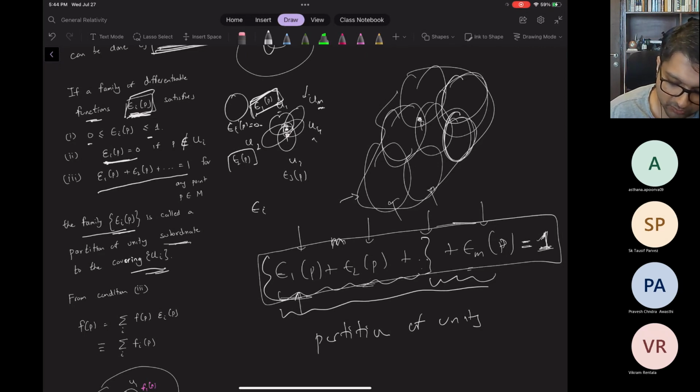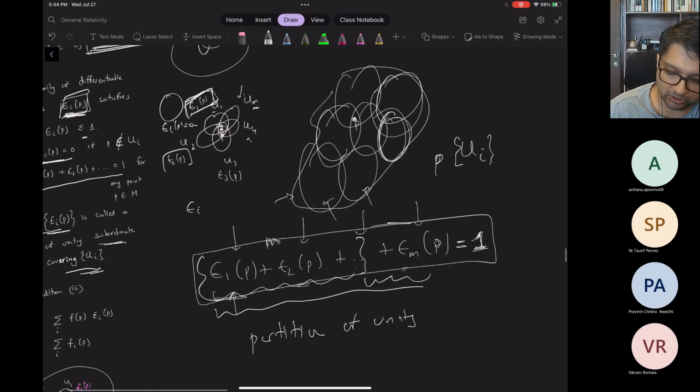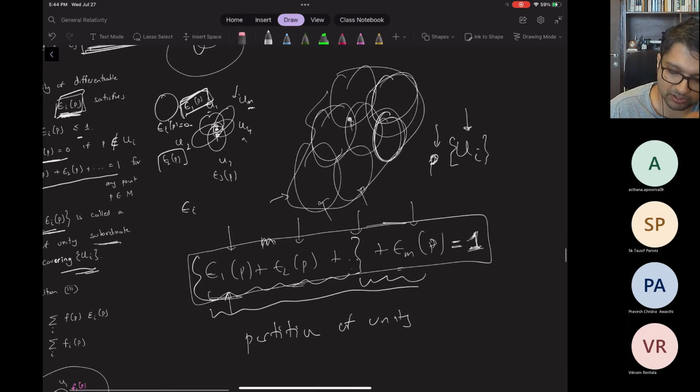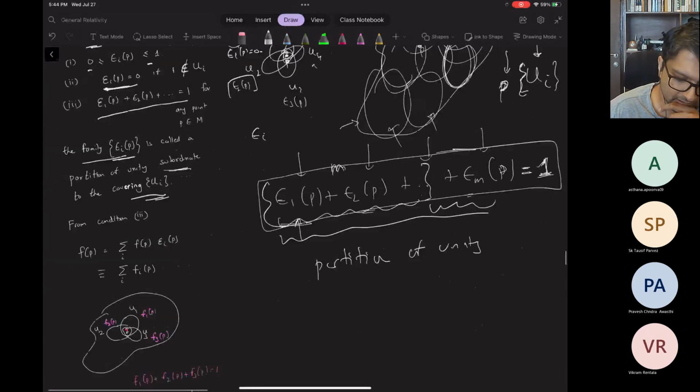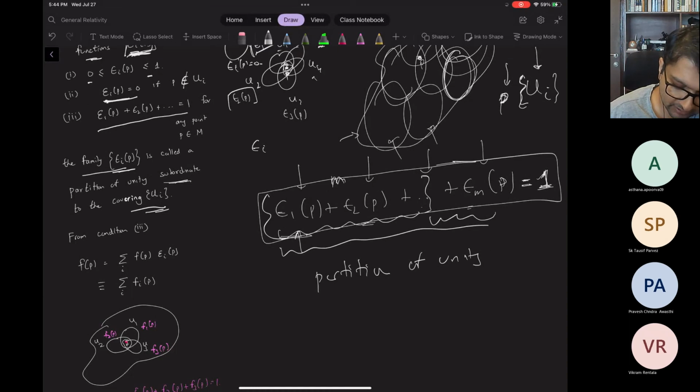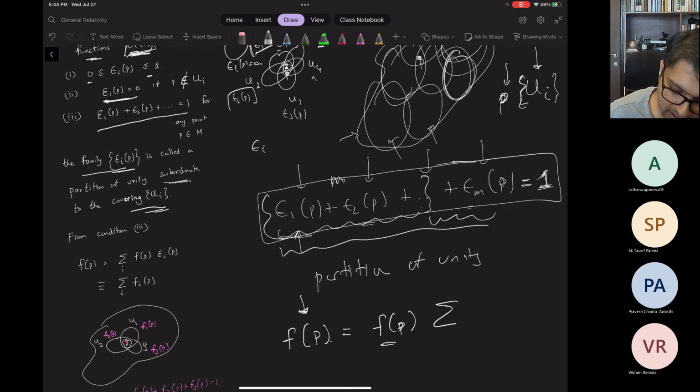So this is associated with a point P and all the open sets U_i on the manifold. Given a point P and the U_i's, every point P has some weight associated with every U_i. And now what we can do is we can define f of P. This function f of P by definition can be written as f of P times the summation over epsilon i of P, because all the epsilon i's associated with that point P add up to 1.